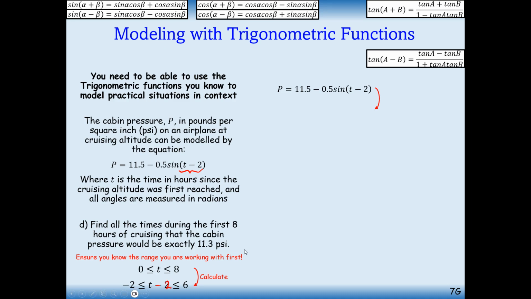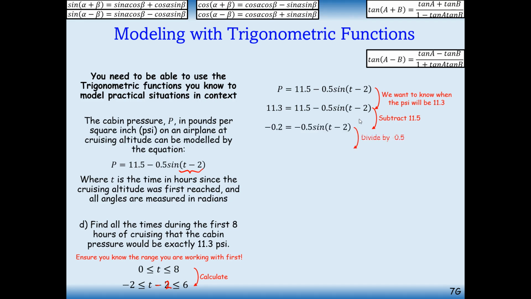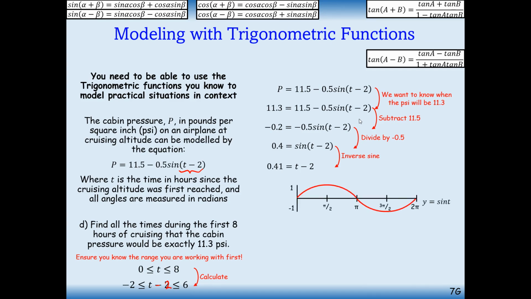We'll have minus 2 and 6 there, and then we start solving our equation. We take away 11.5 from both sides, we divide by half, we take sine inverse of 0.4, which gives us about 0.41.